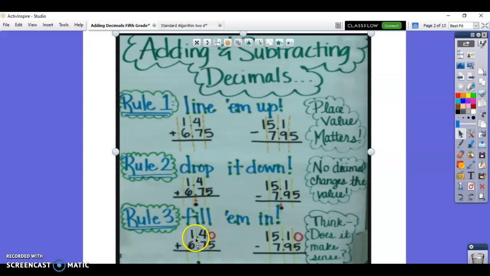So instead of 1 and 4/10, it's now 1 and 40 hundredths plus 6 and 75 hundredths. Then you begin adding on the right and moving all the way to the left like you would with normal addition. Make sure you get these rules in: line them up, drop them down, fill them in with the place value holders of your zeros.